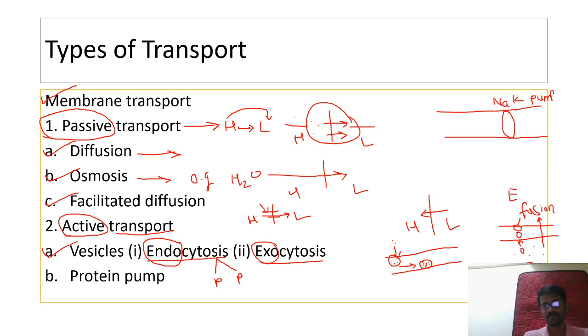There is a binding of the molecule and an opening of the pump, and there is an inward movement of sodium ions. For the movement of sodium ions there is a requirement of energy, which is utilized from adenosine triphosphate. So ATP is required to complete the active transport process.